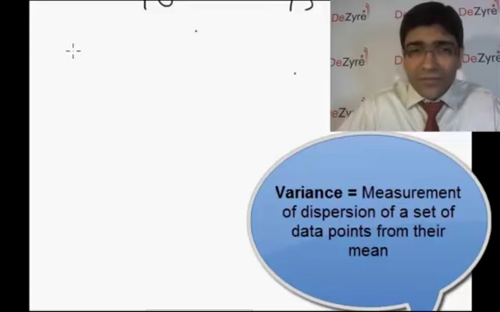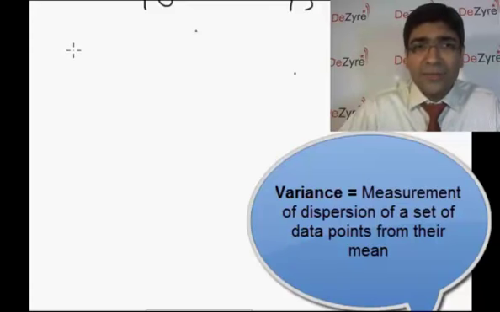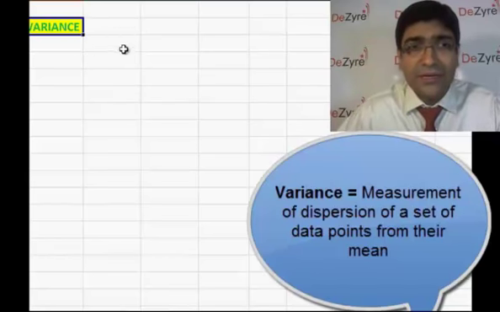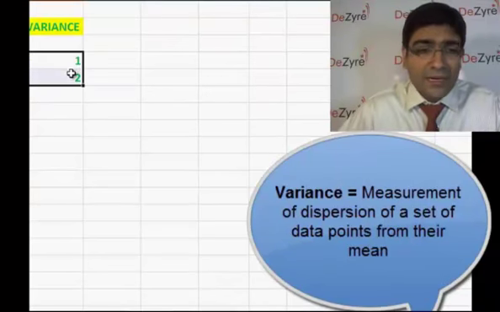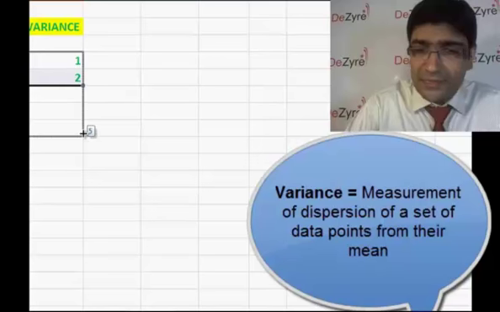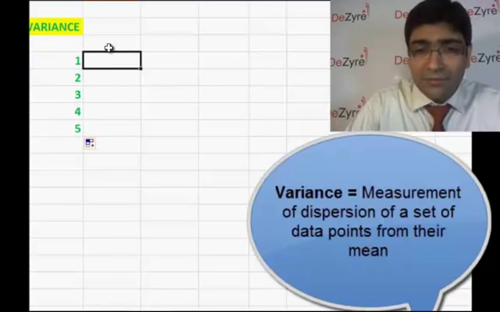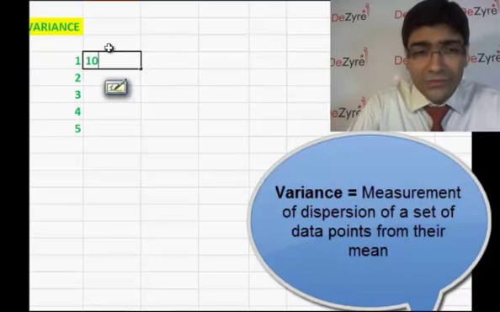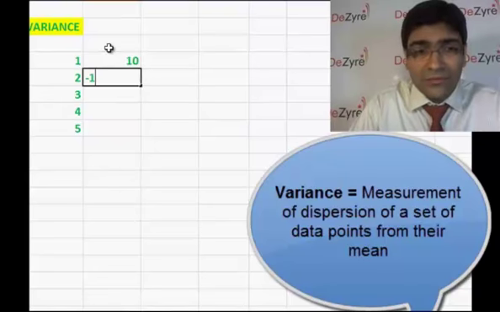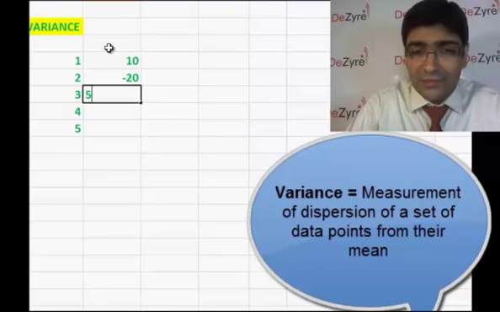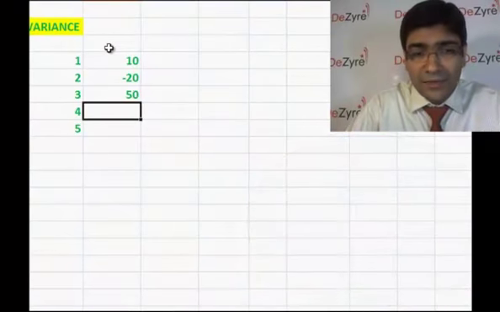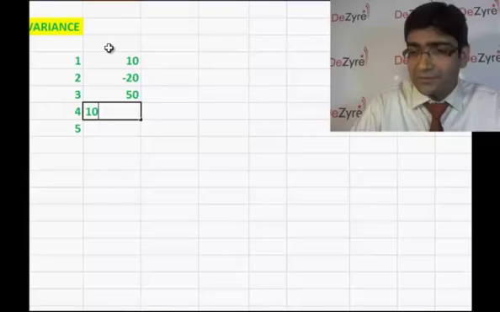Which means if I have a set of data points, say returns for 5 years, and the returns are 10%, minus 20%, 50%, maybe another just 10%, and 20%.